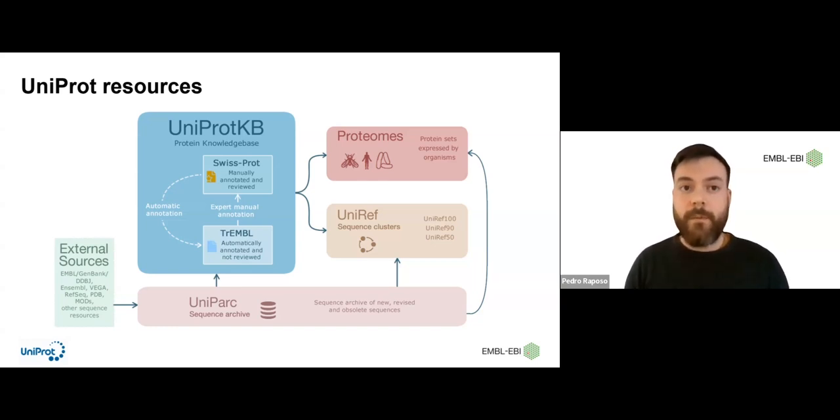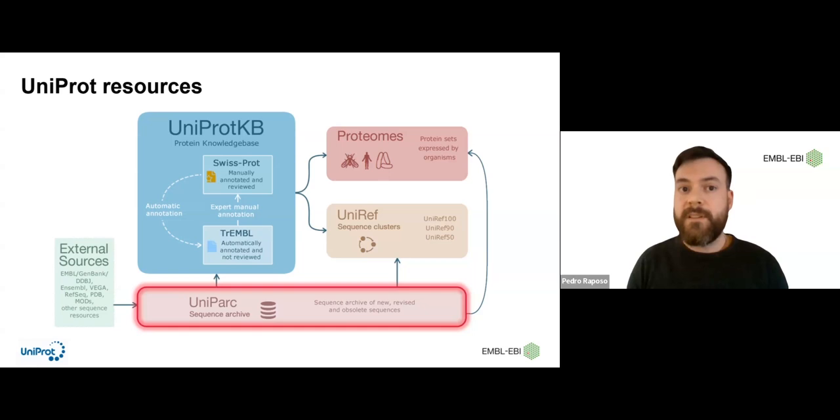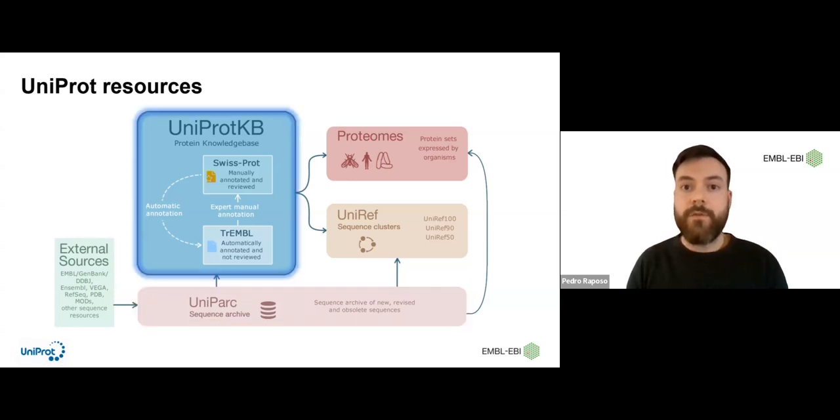Here we have a diagram on the interaction between all of these resources. As a short introduction, we start by importing information from external genomics resources, such as ENA or GenBank, for example. And then we archive these protein sequences in UniParc. So UniParc is our archive sequence resource. And then we transform these sequences into protein accessions inside the UniProt knowledge base, or UniProtKB.